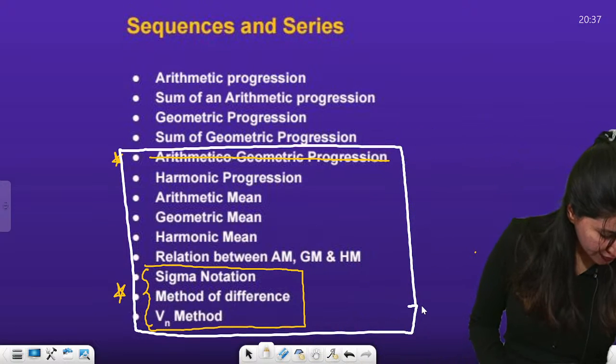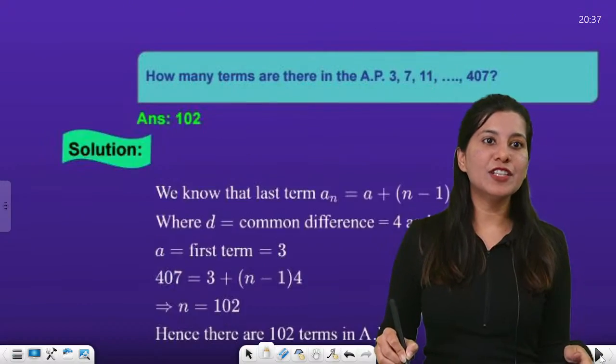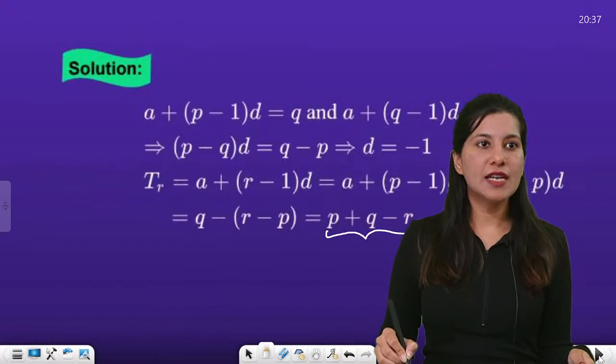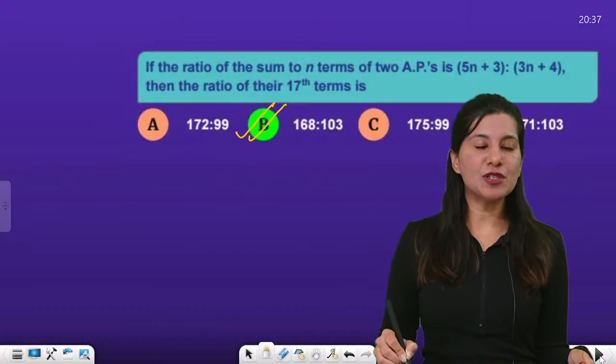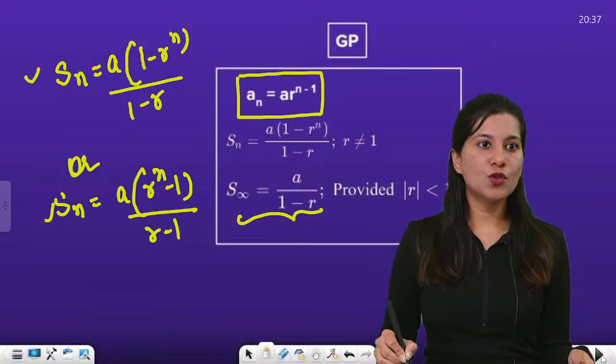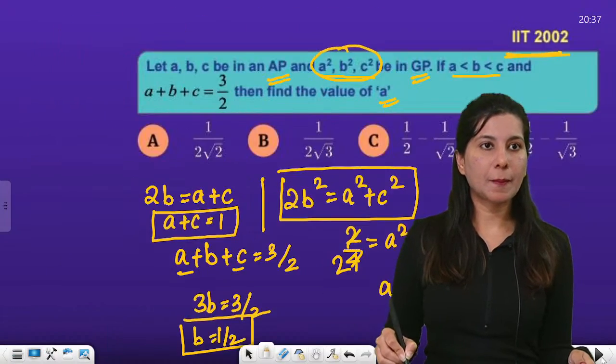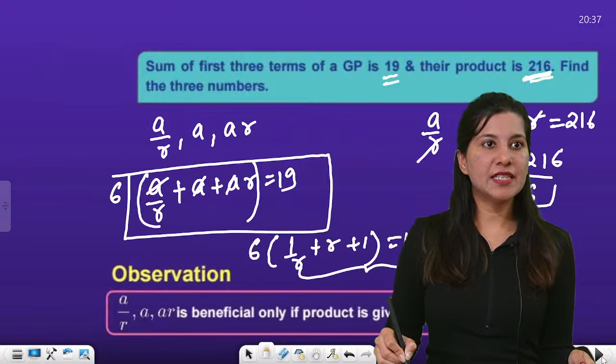ठीक है? All right. So yes, we will be finishing off this session now, but I have an information for you all. Let me just go directly to that information. Give me a moment.